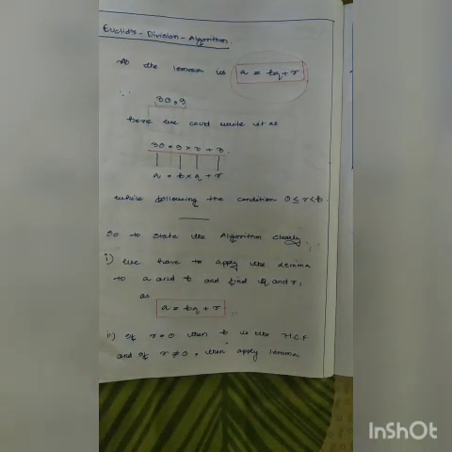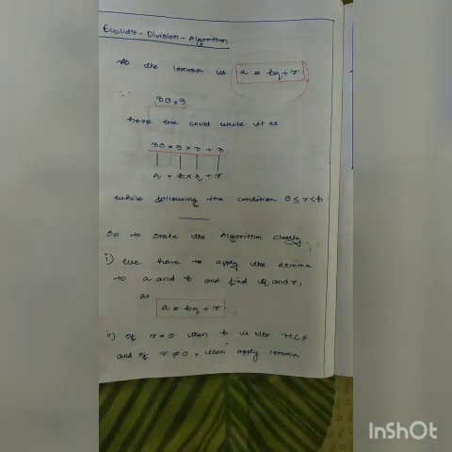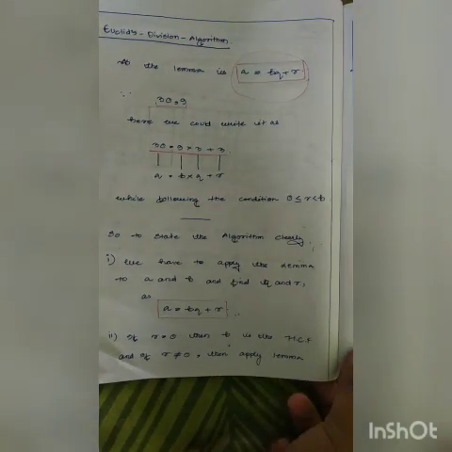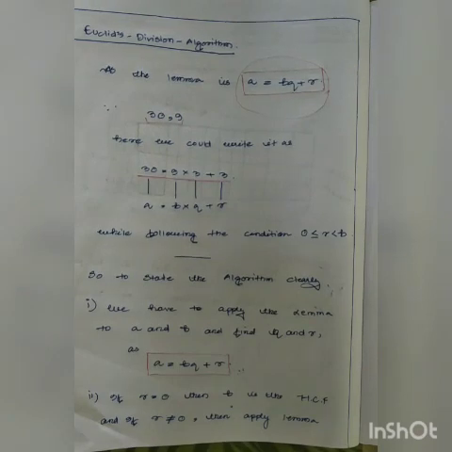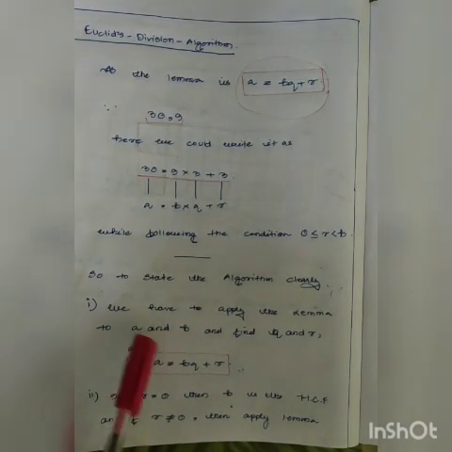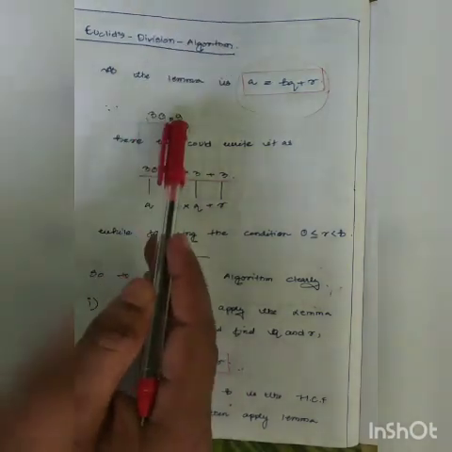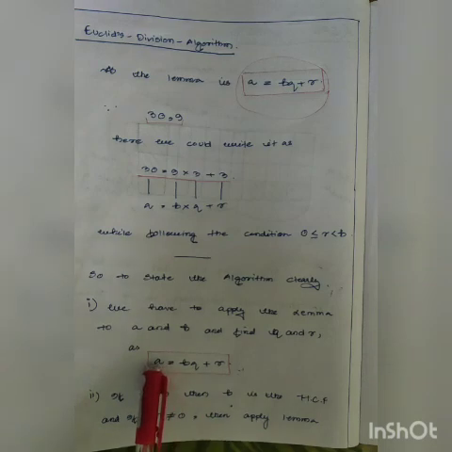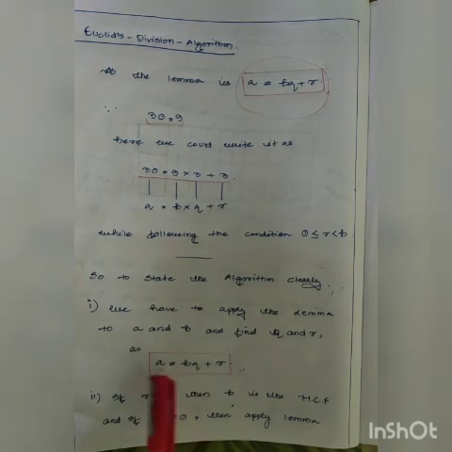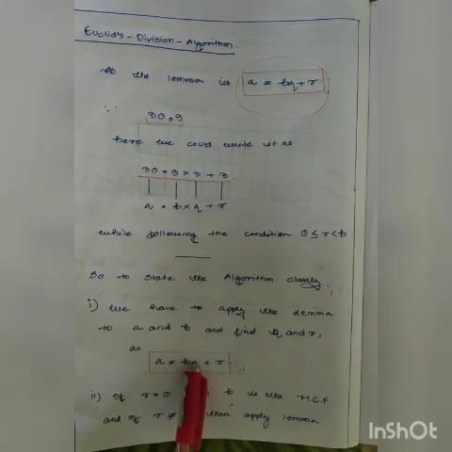Now I'm going to the algorithm part. As per the algorithm, the first point is we have to apply the lemma to two integers a and b. Here I have shown a and b. When we apply it, we get a, b, q and r.